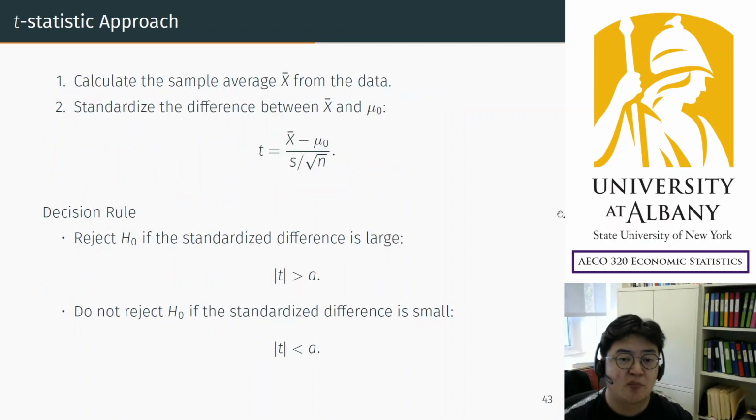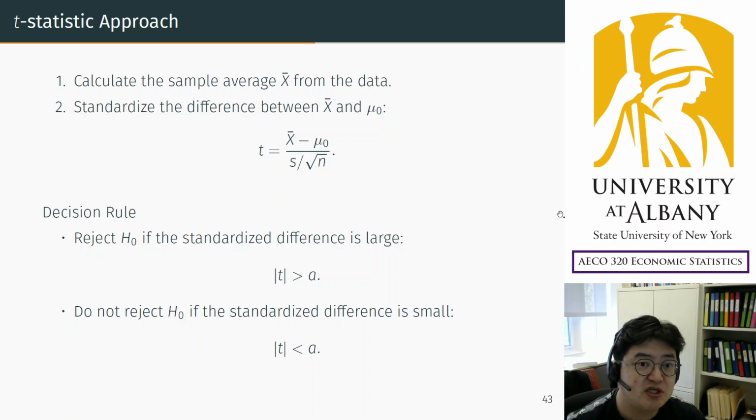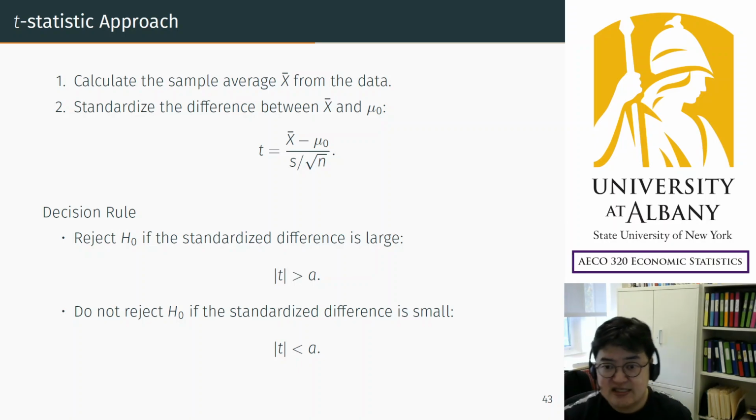So let me show you approach number 2, which is the t-statistic approach. As I said, there are only 2 steps. There used to be a 3rd step to convert the t-statistic into a p-value by calculating the probability. But instead of doing that, we are going to compare the t-stat directly with something else, not alpha.